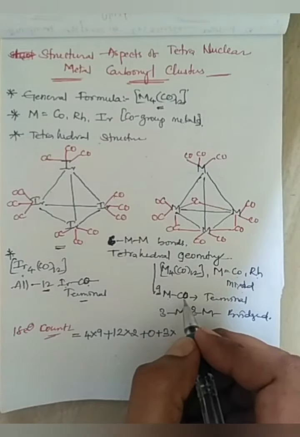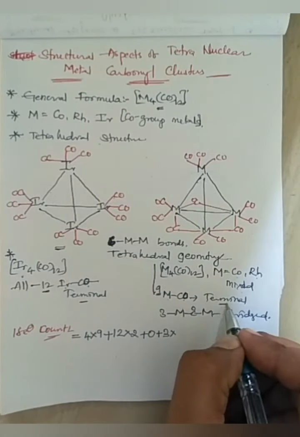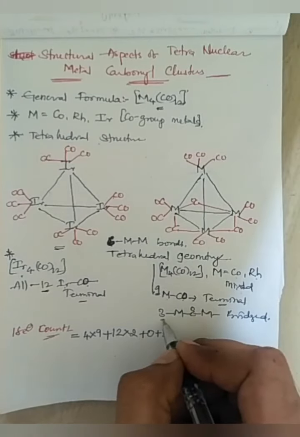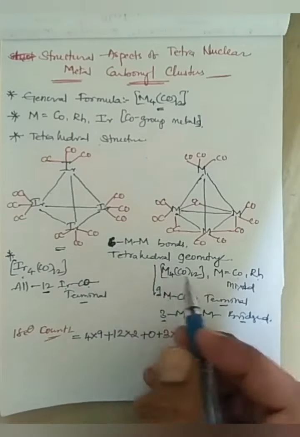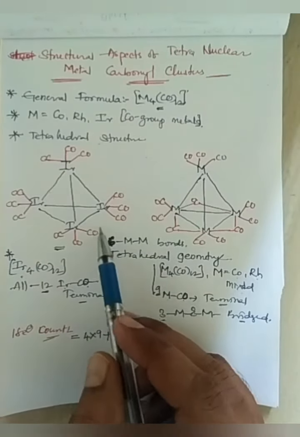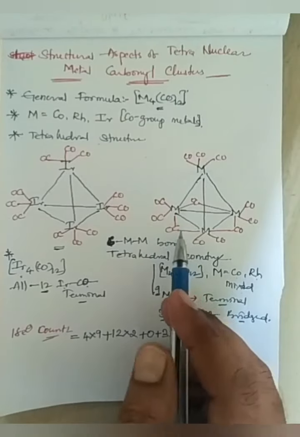The 9 carbonyls are bound in terminal bonding mode, and the 3 carbonyls are bound in bridging mode. So like this, we can see the variation in the tetranuclear metal carbonyl clusters.